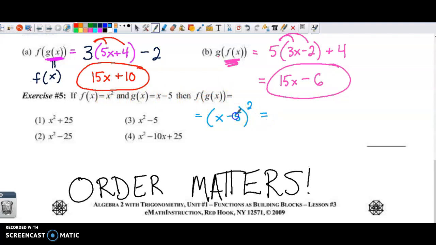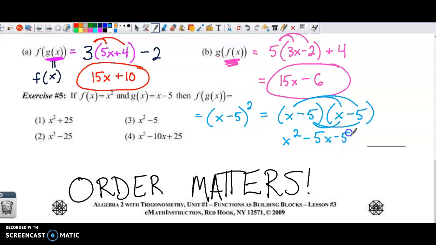And especially if it's been a while since you've actually squared anything, that means multiply by itself, and you need to make sure you distribute that x to each piece. So we're looking at x squared minus 5x. Some of you might be familiar with the term FOIL, minus 5x. And a negative 5 times a negative 5 is a plus 25. And I think you can see from there that that'll simplify to option 4.